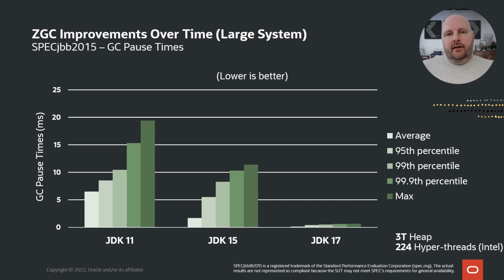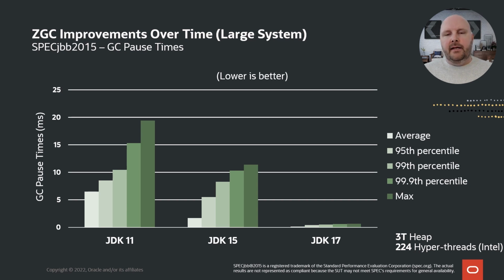This is, again, the same benchmark showing you improvements over time, but this time it's executed on a much larger system, just to show you how scalability has improved. Here it's using a 3 terabyte heap, and the system has more than 200 hyperthreads.